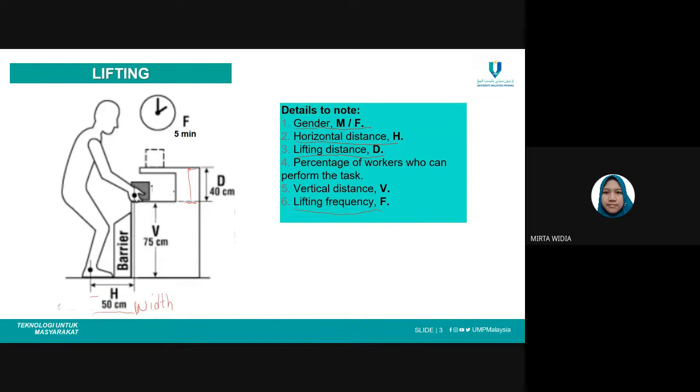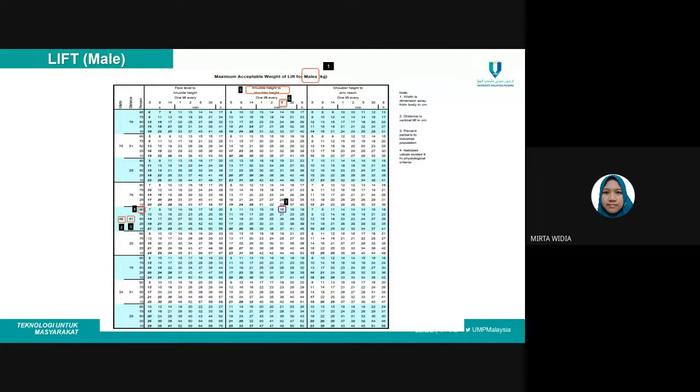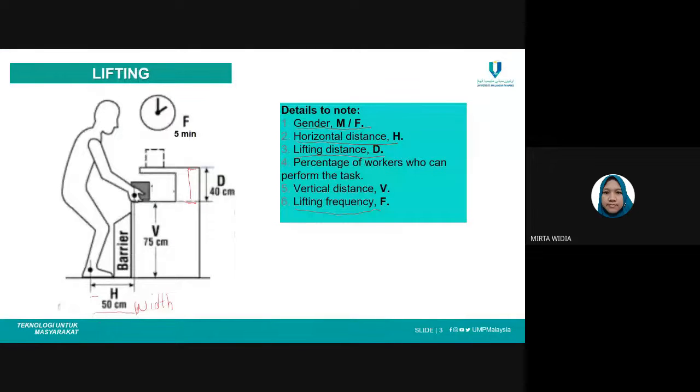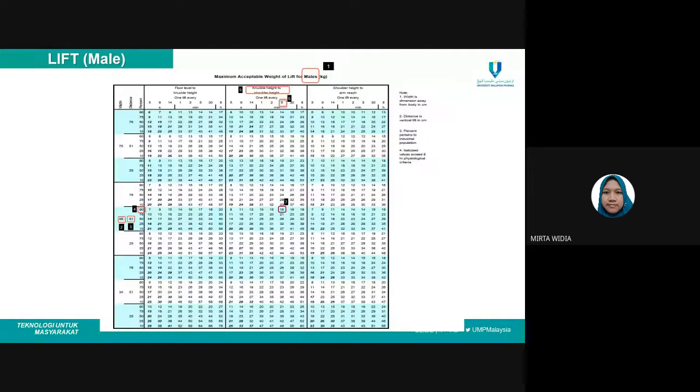Right? 50, but we don't have 50 here. So we need to choose the value nearest to it, yang dekat dengan 50. The value nearest to 50 is 49, so we need to choose this one.